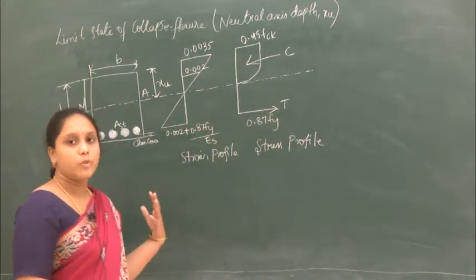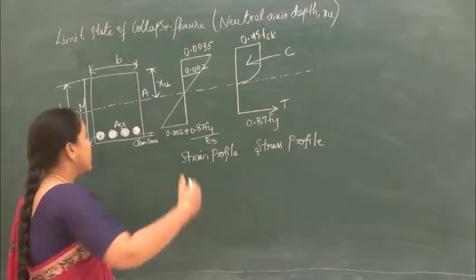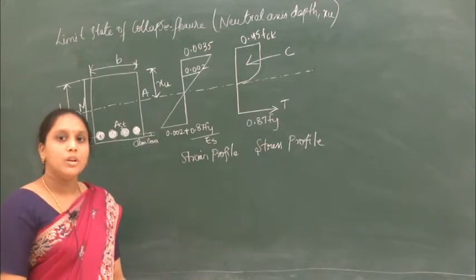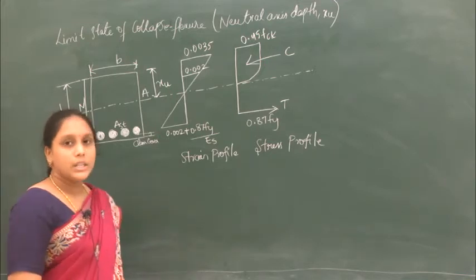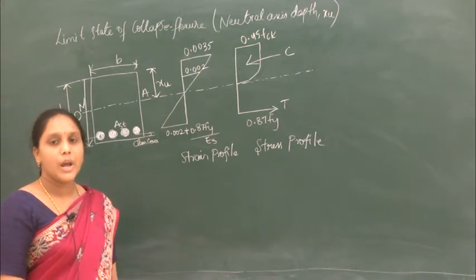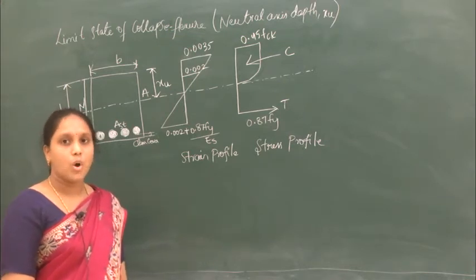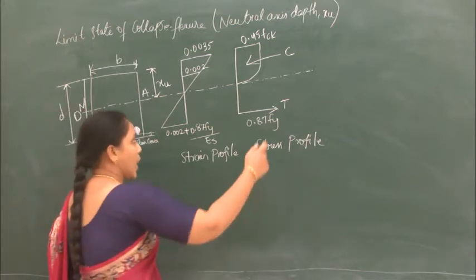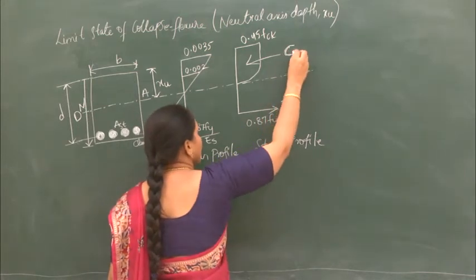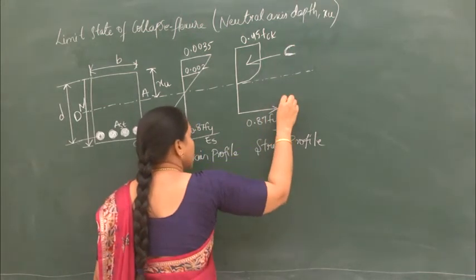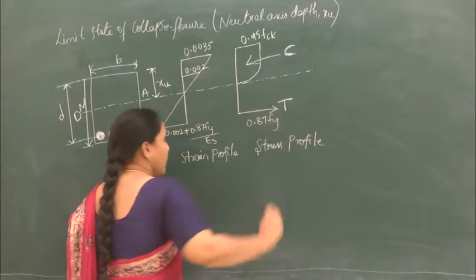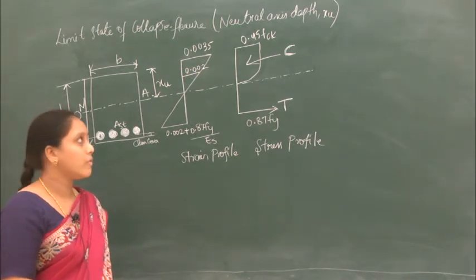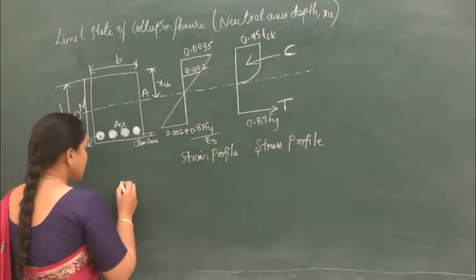Now we have to calculate the neutral axis depth, that is, this depth Xu is what we have to find out. To calculate the neutral axis depth Xu, first we have to find out the total forces of compression C and also the total forces of tension T. First, let us calculate the total forces of compression.